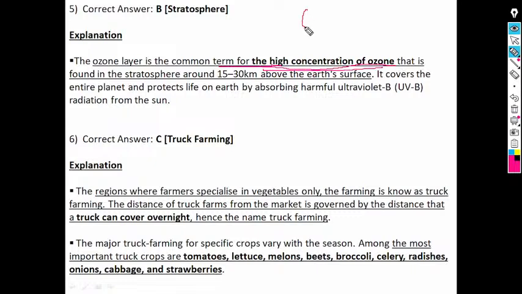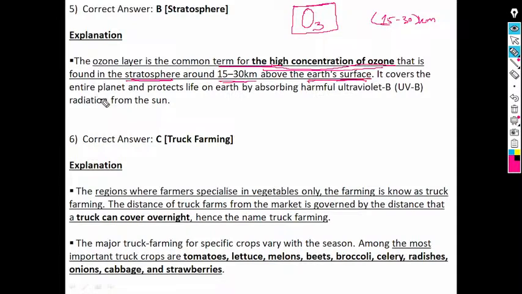The stratospheric ozone layer is the common term for the high concentration of ozone, O3, that is found in the stratosphere around 15 to 30 kilometers above the Earth's surface.